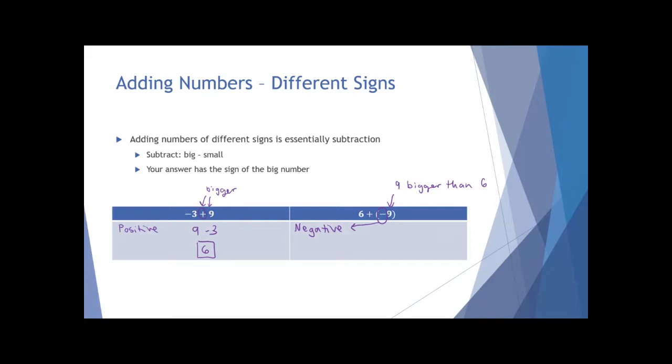So you're still going to subtract, 9 minus 6, but your answer will be negative. 9 minus 6 is 3, so we get a negative 3 for our answer there.